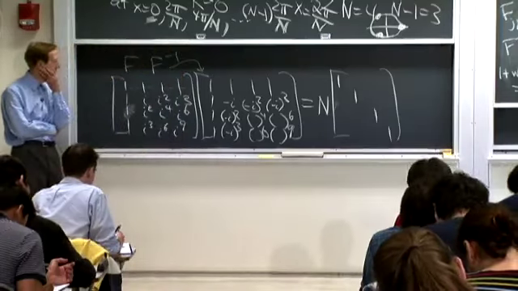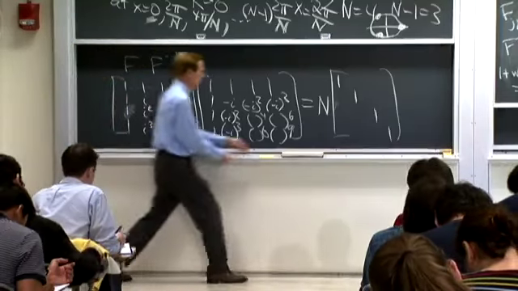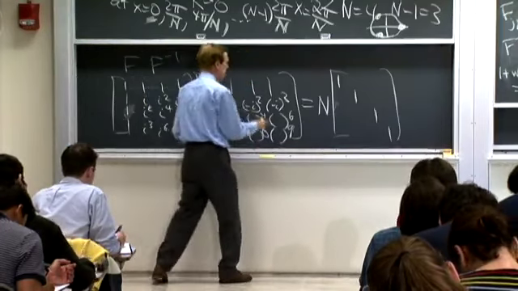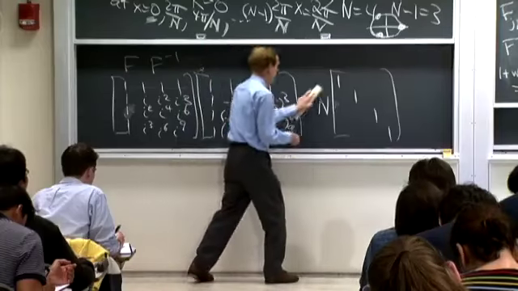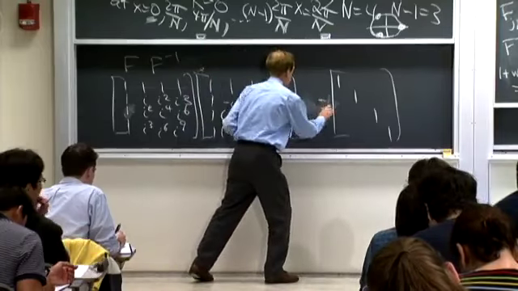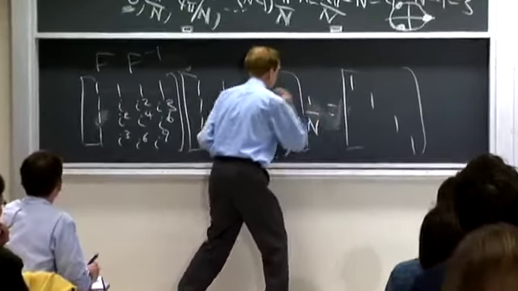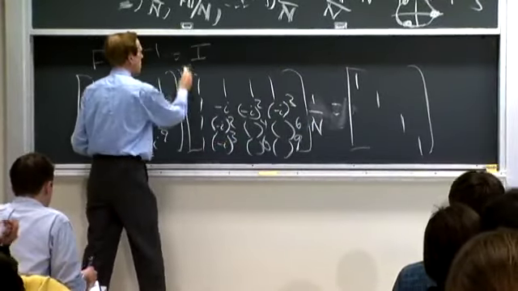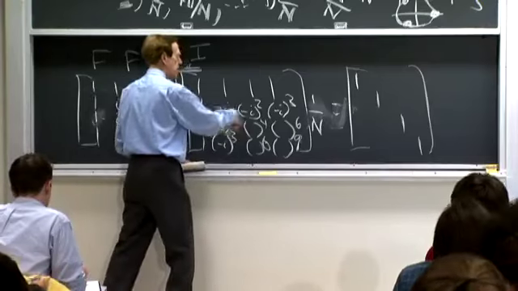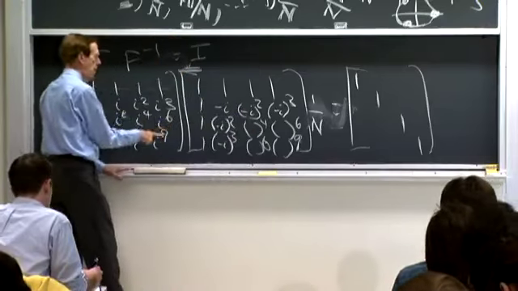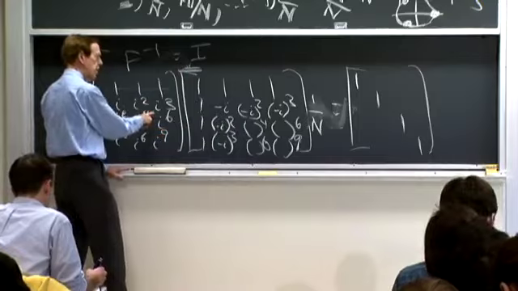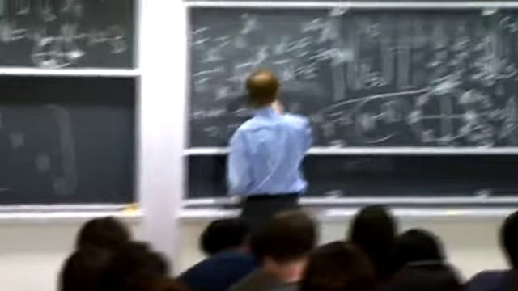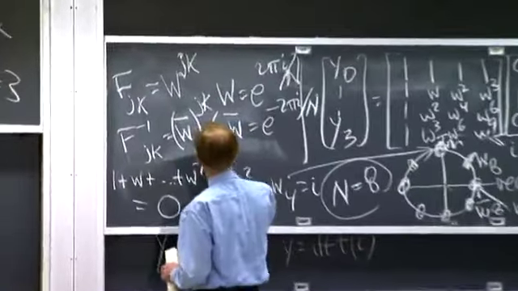So f times f inverse, in other words, if I want to get the identity, I better divide this by n. So f inverse is just like f, except complex conjugate and divide by n. If I want this formula to be really correct, I have to divide by n.